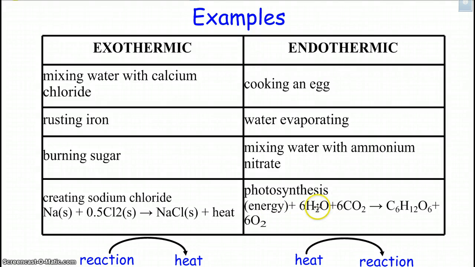Energy plus 6 molecules of water plus 6 molecules of carbon dioxide gives you a molecule of glucose and 6 molecules of oxygen. So energy plus water and carbon dioxide went into the reaction. That makes sense. Heat going into the reaction.